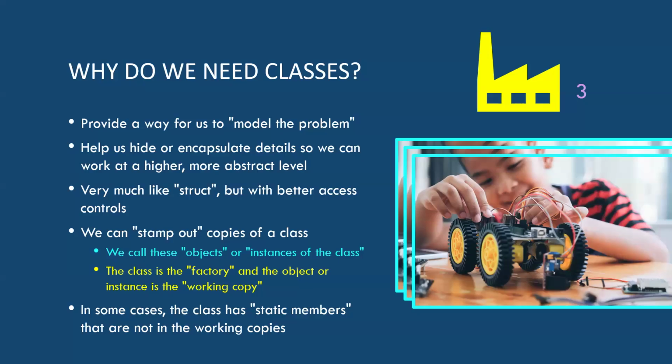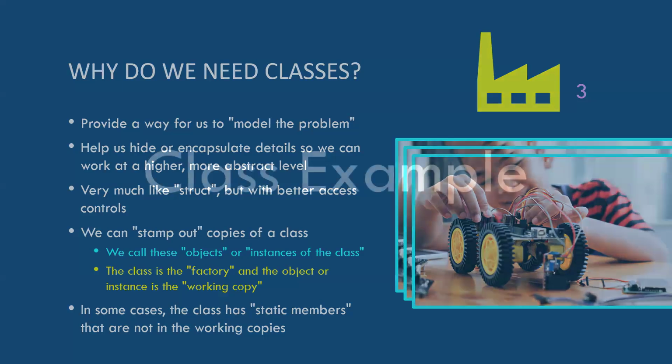So the car can accelerate. That might be an example of a method, but the factory might have something that creates 20 cars at random, like a special method in the factory that knows how to produce certain kinds of cars. So there are lots and lots of cool things we can do with these static methods and static data members in our class. They just don't end up in our instance of the class.